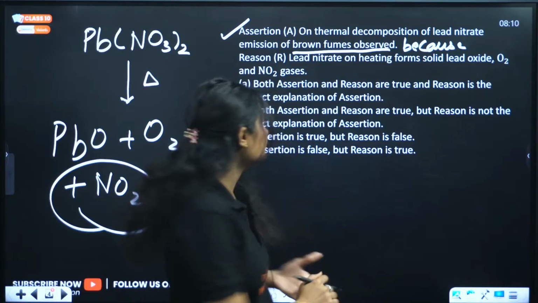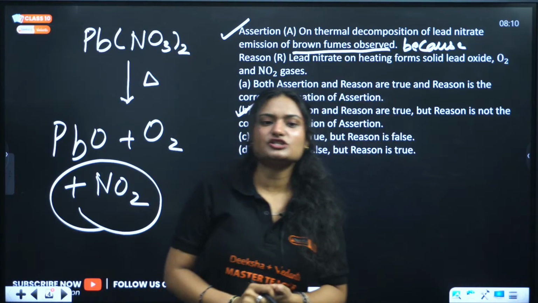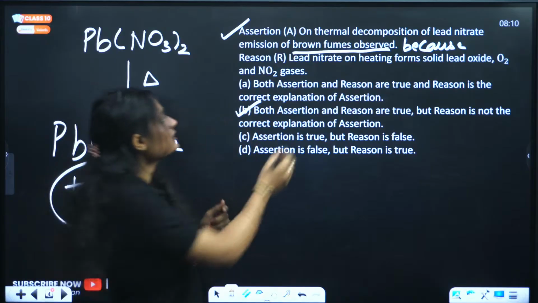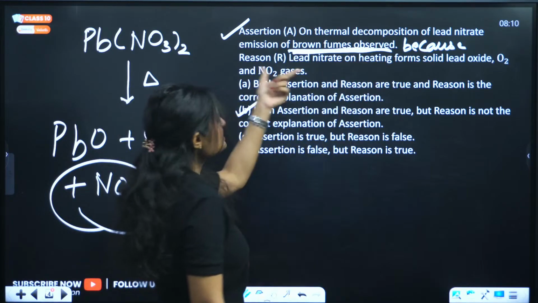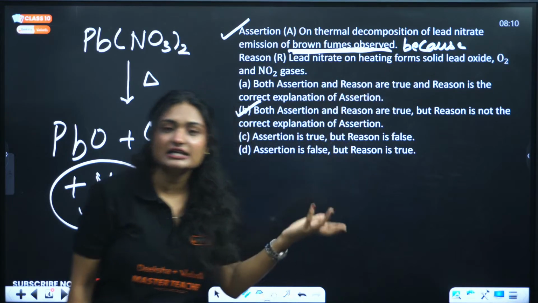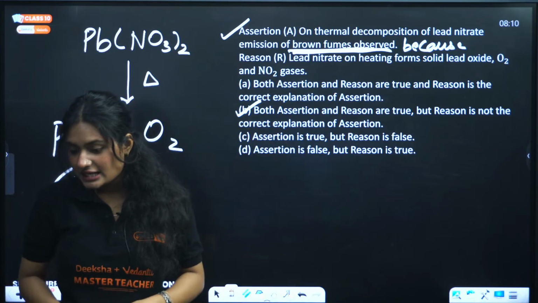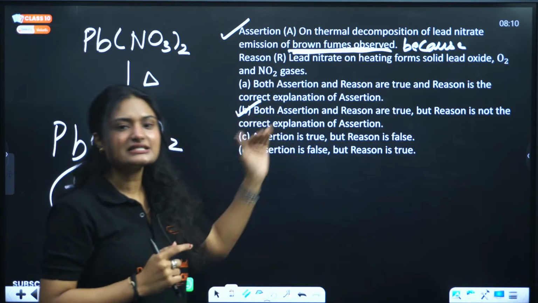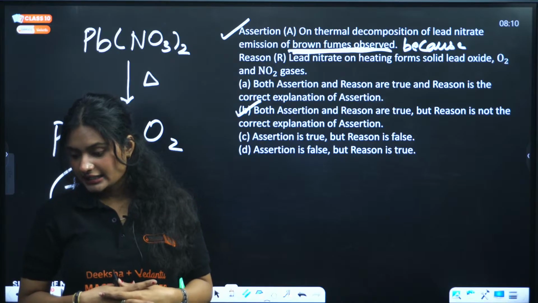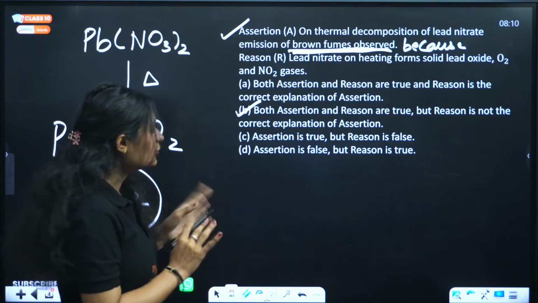The correct answer will be both assertion and reason are true, but reason is not the correct explanation of assertion. Because reason does not explain the assertion. Assertion says brown fumes are observed. Reason says you have the products, but it did not explain why brown fumes are observed. I hope it is clear. Yes, it forms, it is there, but the reason is nitrogen dioxide. The correct answer is not A, it is B. Clear? I hope it is clear, okay?